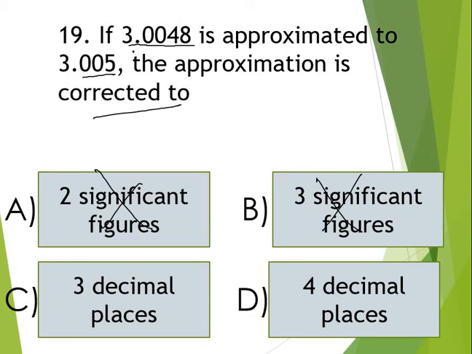Decimal places are counted after the decimal point. So after the decimal point, we have 1, 2, 3, and we stop at the third decimal place. We round this up because the digit after is greater than 4, that is, 5 or more, and we added 1.